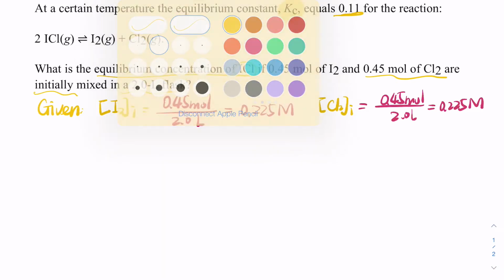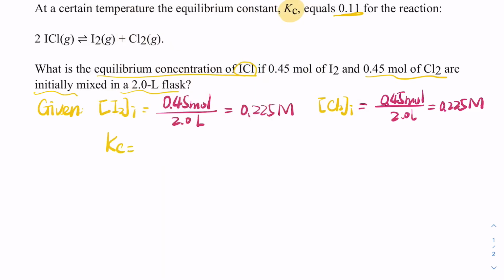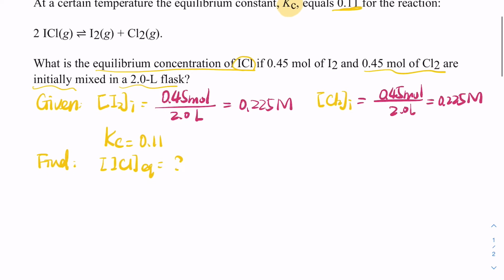Remember, we also have the given info that Kc equals 0.11. We're looking for the equilibrium concentration of ICl. Since we have initial and equilibrium, that means I have to set up the ICE table.